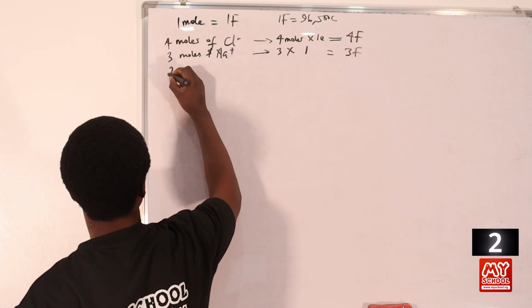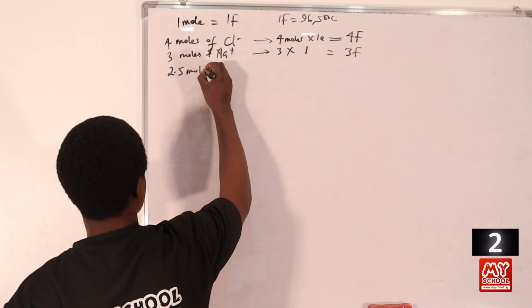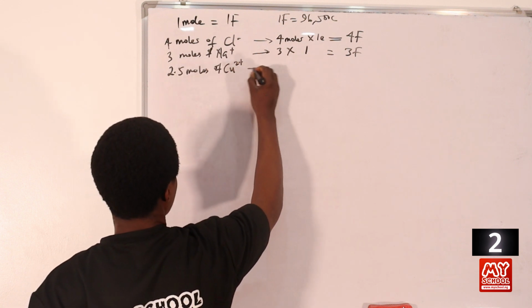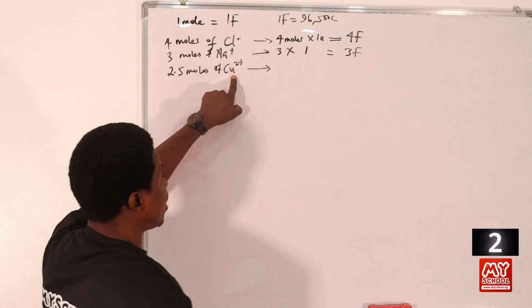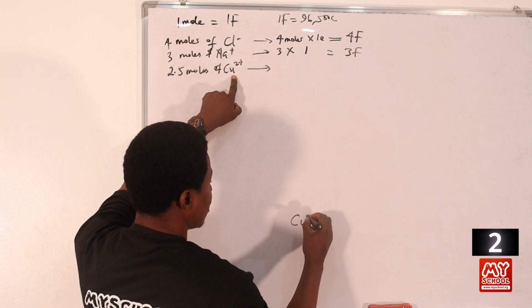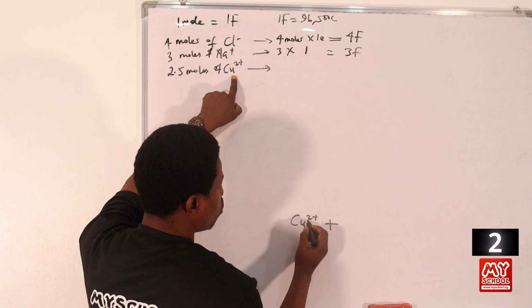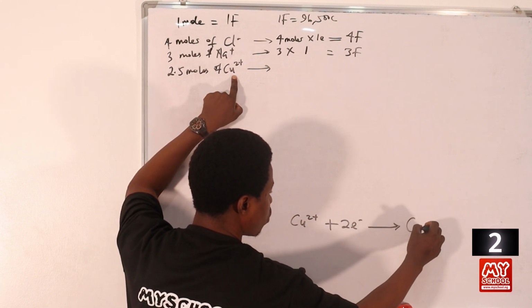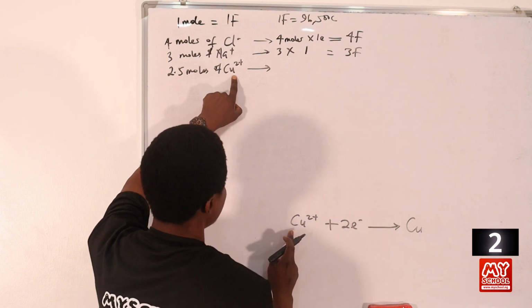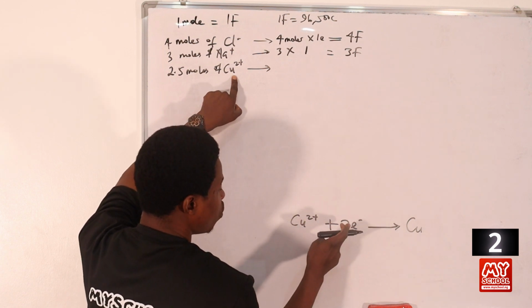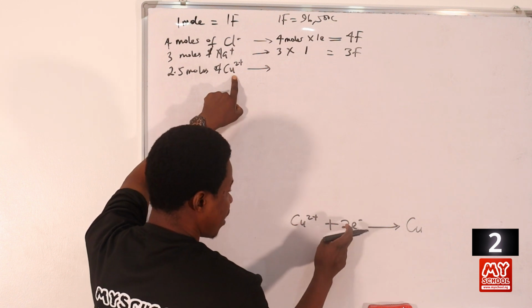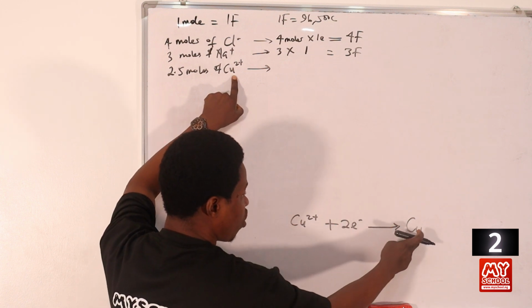Then we have the third one, 2.5 moles of copper ion. By the time this gets reduced, copper ion is going to gain 2 electrons to become copper metal.